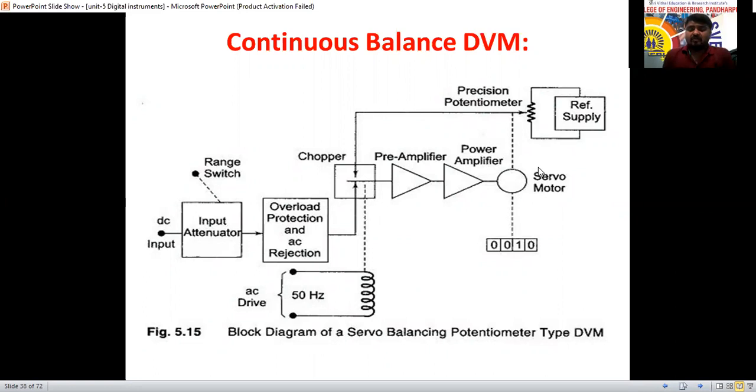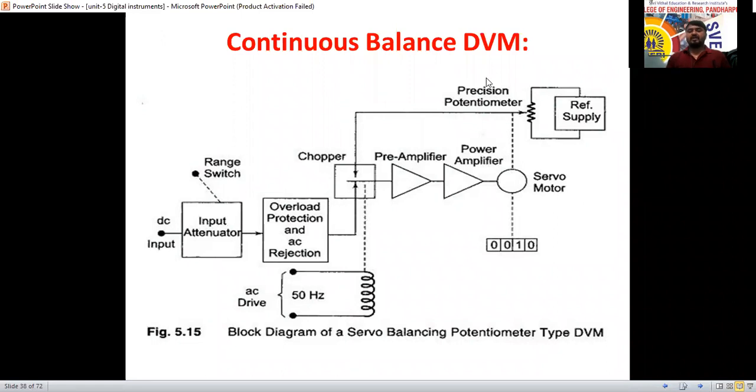Can anyone tell the names of all 5 types of digital voltmeter? I'm not going to ask anything else, only the names of the 5 digital voltmeters. The fifth one I have already shown here.